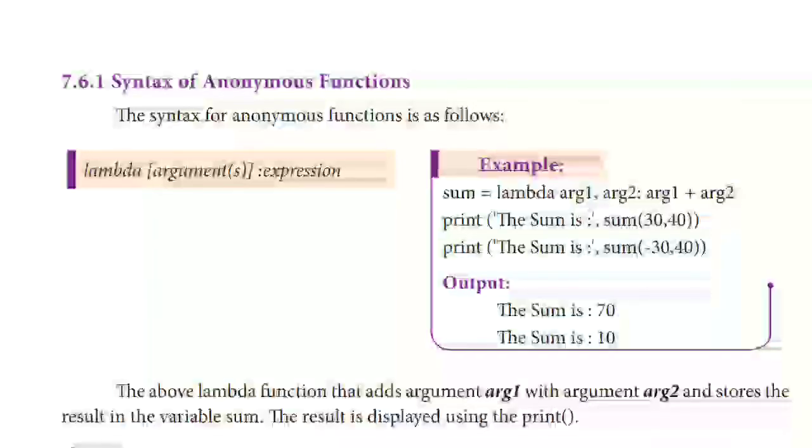Here they have used a small example: sum is equal to lambda argument 1 comma argument 2, and you can see that they add two values and return it. While calling the function, you can see that they are using sum as a variable name here, not as a function name.